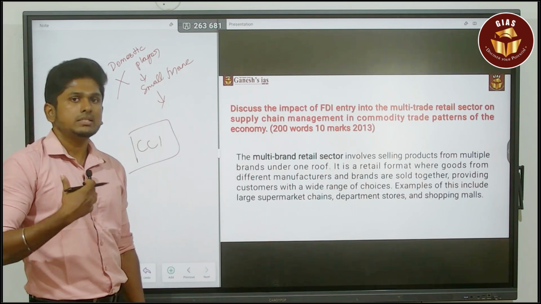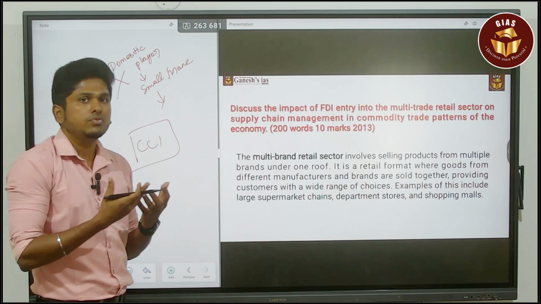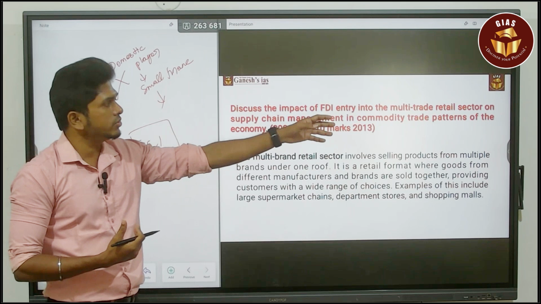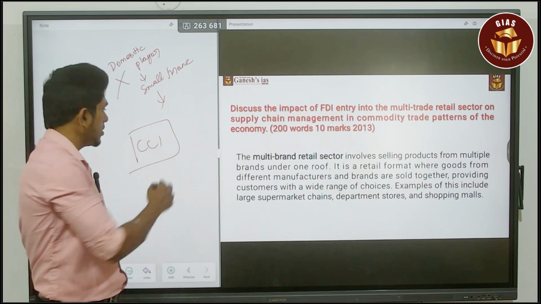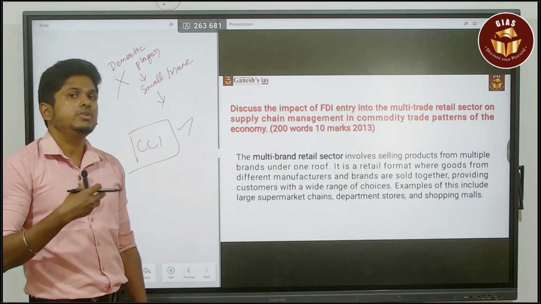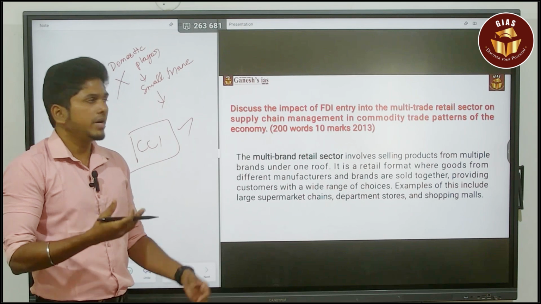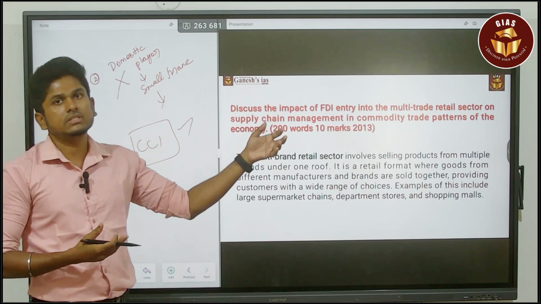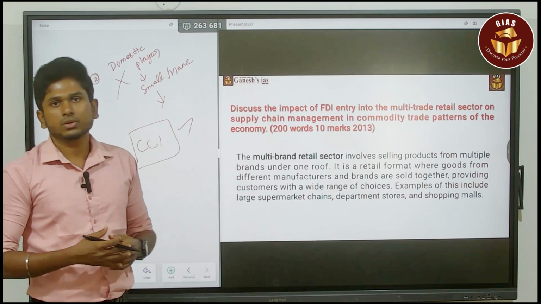By that, we can safeguard the domestic players, and also we can easily get the fruitful benefits from this FDI entry into the multi-brand retail sectors. Institutions like the Competition Commission of India and the Consumer Protection Act need to work in a more precise manner. By that, they can overcome the issues of these negatives. So this is the answer to this question. Okay, thank you.